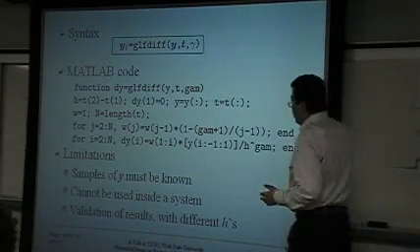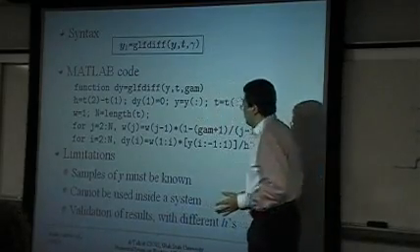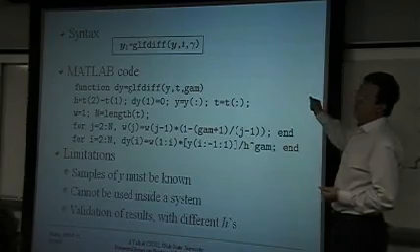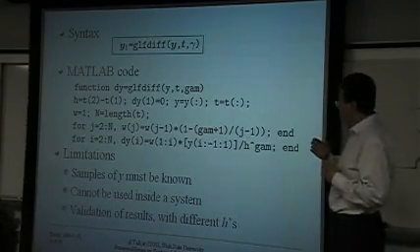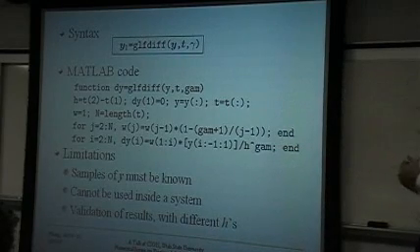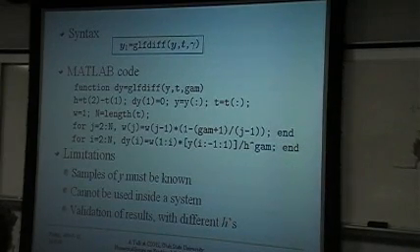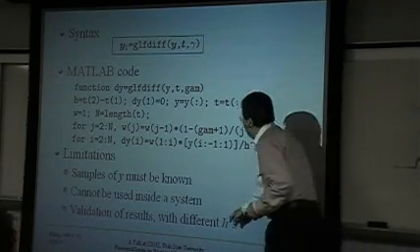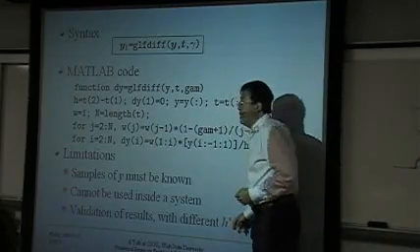Also, we can think about ways to validate the result if y is given before computation. If the y vector is given, we can check whether the result we obtain is correct by changing the calculation step.